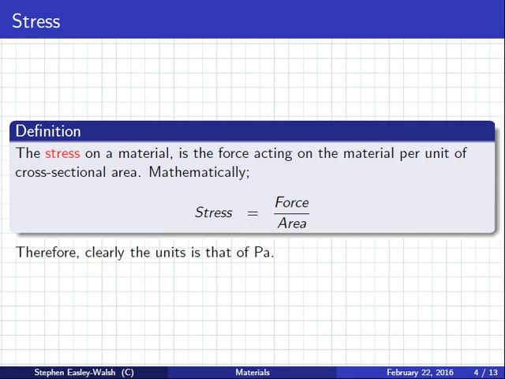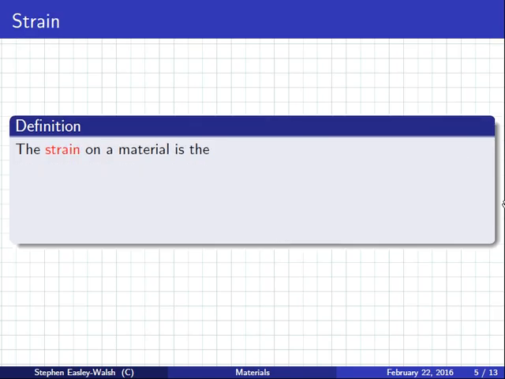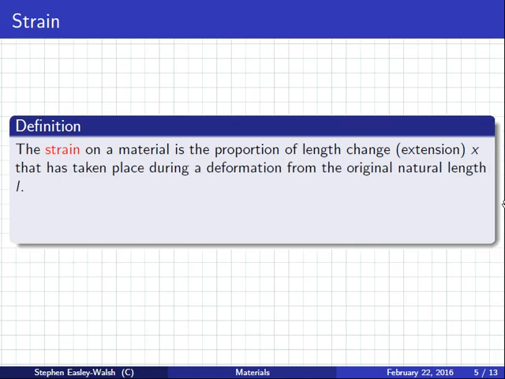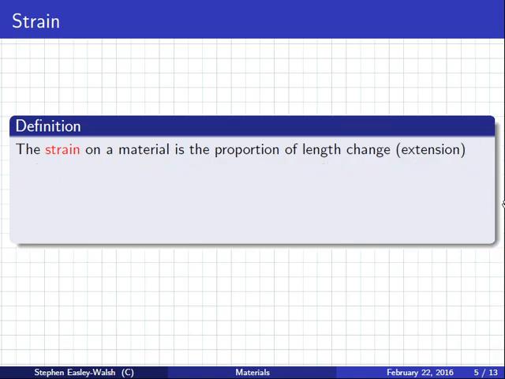Yeah, got that? So can you see that's really just like a pressure stress? Okay. Next one. The strain on a material is the change in the length proportionally, which I call x, or sometimes delta x if it's small.